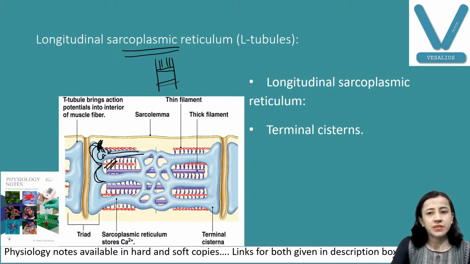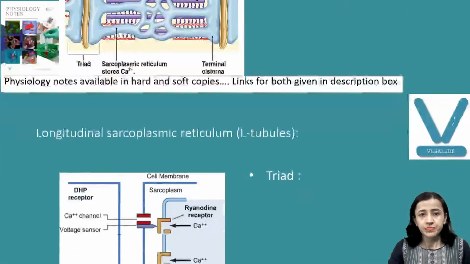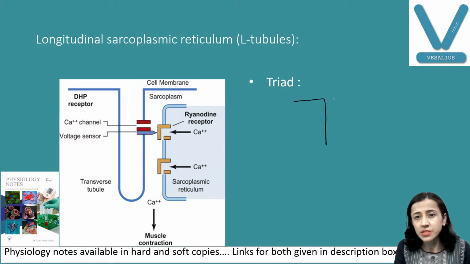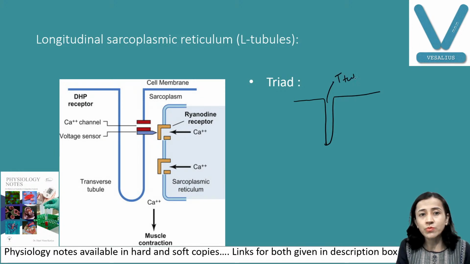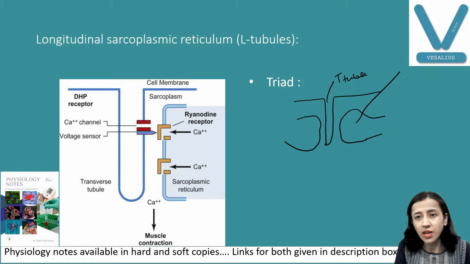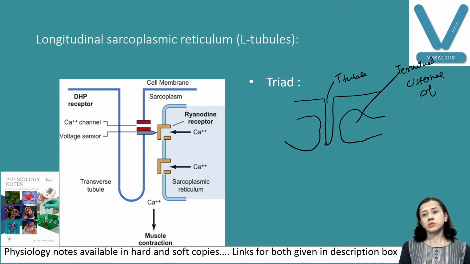Now you can see that there is a triad. What do you mean by triad? This is your T-tubule, the transverse tubule, and on both sides of the T-tubule you have the terminal cistern of the L-tubule. L-tubule is equal to sarcoplasmic reticulum.